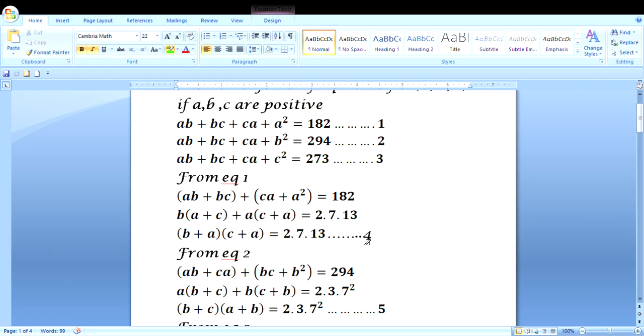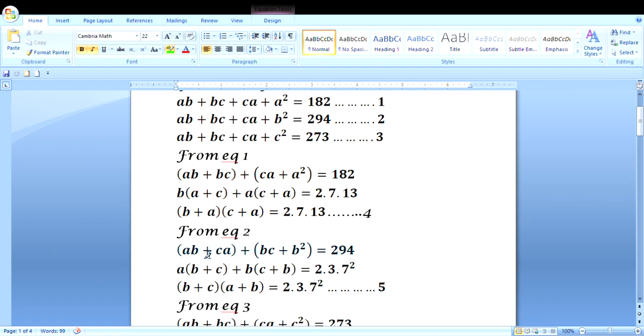Now from equation 2, we could see that we have AB + CA as a group in one aspect, then BC + B² grouped as another expression, equal to 294. If we look at AB + CA, the common factor is A. So if A is factored out, this becomes A(B + C). For BC + B², the common factor is B. So if B is factored out, this becomes B(C + B).